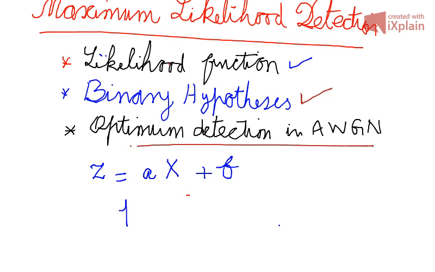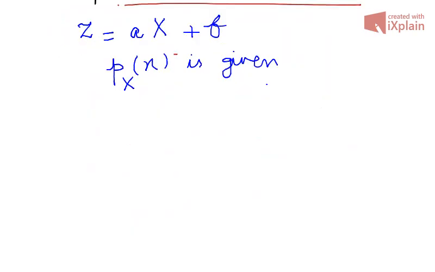Suppose this is given, and you are asked to derive the PDF of z. So I hope you people can do it.